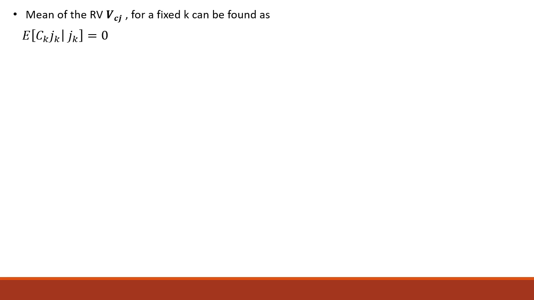Given jk means that jk is assumed to be known and we are trying to calculate the average value of ck into jk. The proof for this mean value is that the expected value of ck into jk given jk can be written as jk into the expected value of ck, since jk is assumed to be known as the jammer is assumed to be fixed.